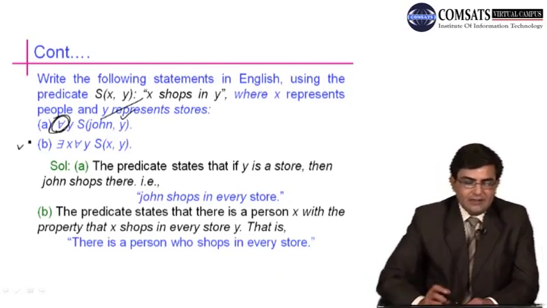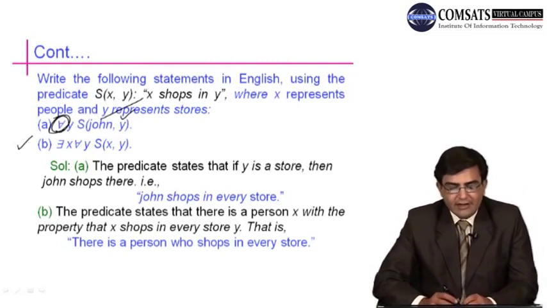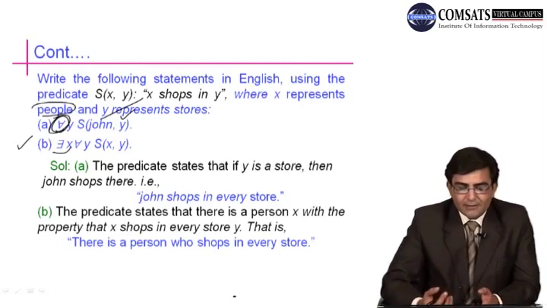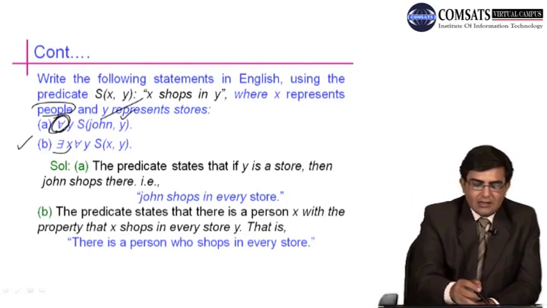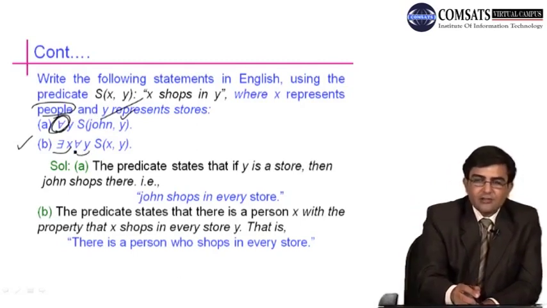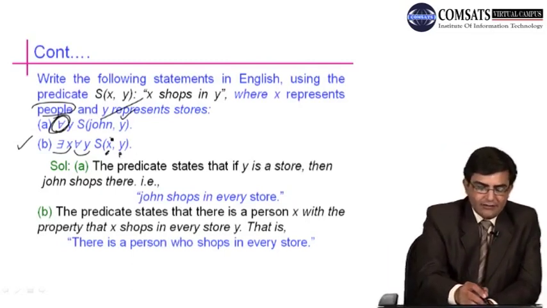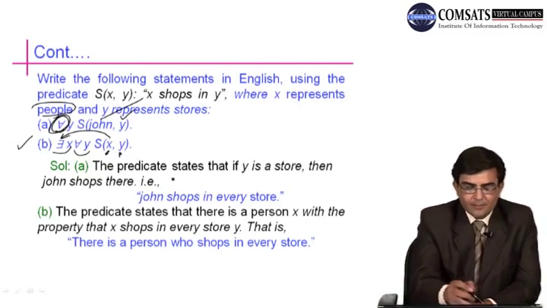The other statement is this: there is x for all y S(x, y). What does it mean? Somebody, there is x. Here we have there is x, meaning there is a person. For all y, all the stores, means somebody shops in every store, because for x we have there exists, meaning there is somebody.